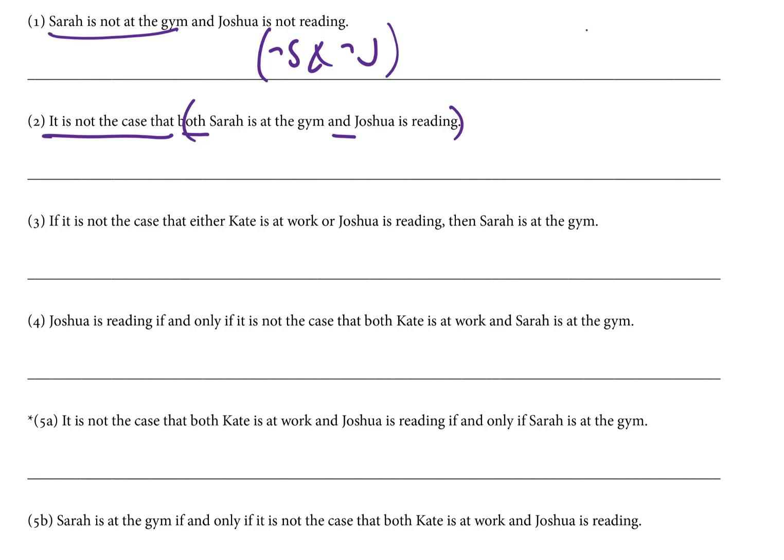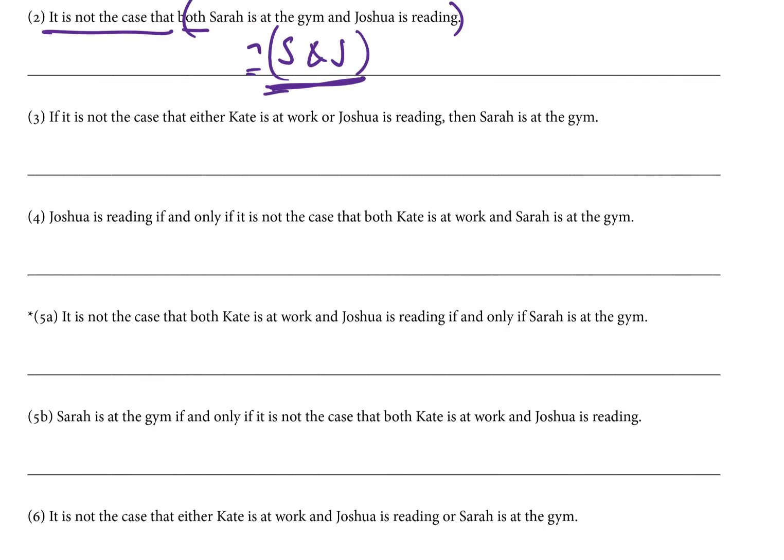So we start with Sarah is at the gym and Joshua is reading, S and J, and then the not goes right there outside this first parentheses. Okay, so again, this not applies to this whole conjunction.